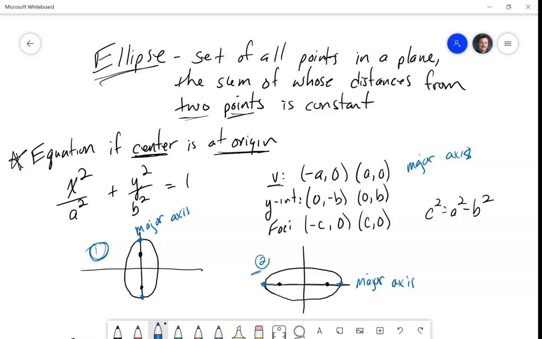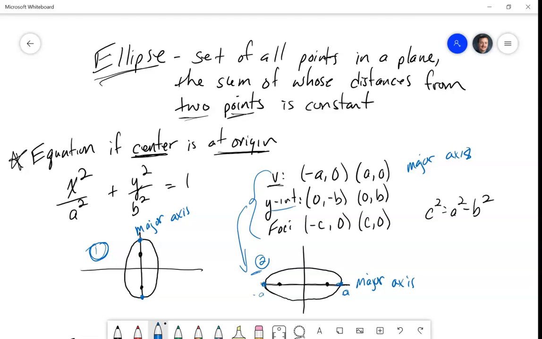Okay, so this information here assumes we're talking about the second situation. In that situation, my vertices would be located at negative A, which would be here, and positive A, which would be over here.